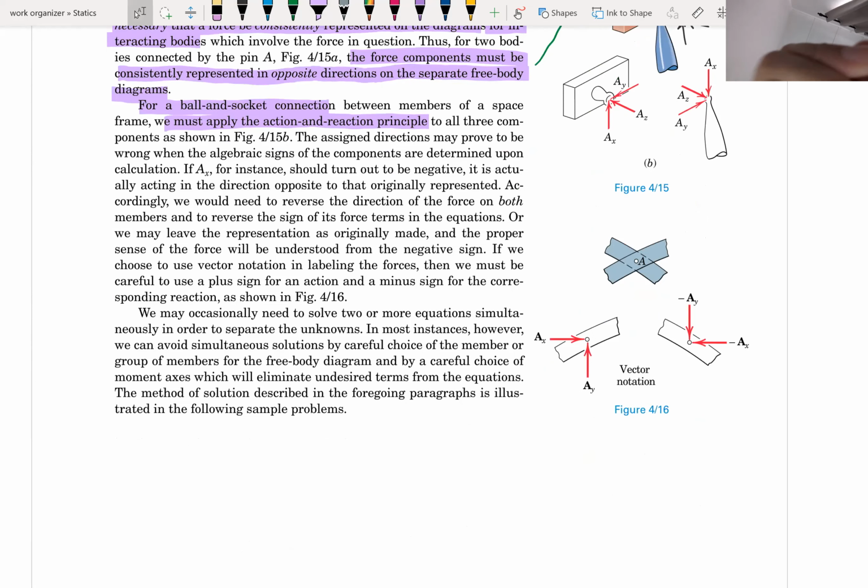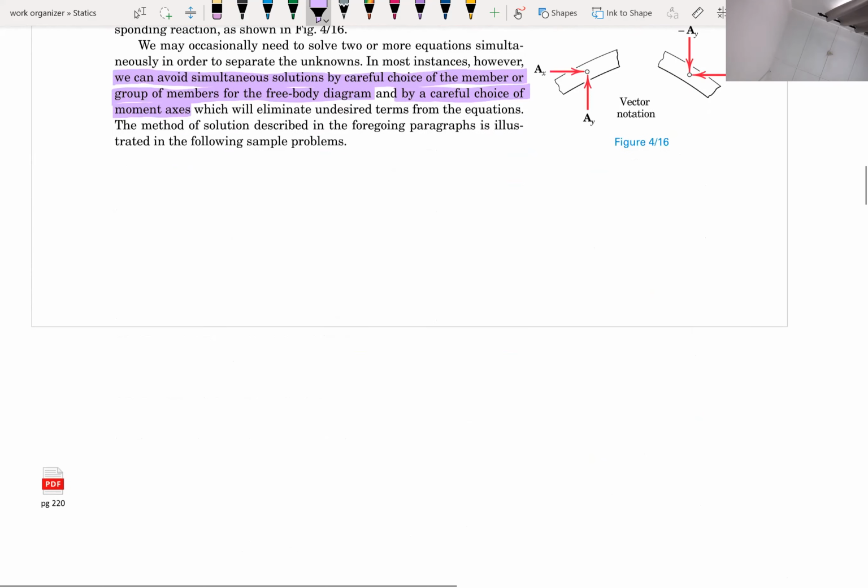So lastly, we can avoid simultaneous solutions by careful choice of the member or group of members for the free body diagram, and by careful choice of moment axis.